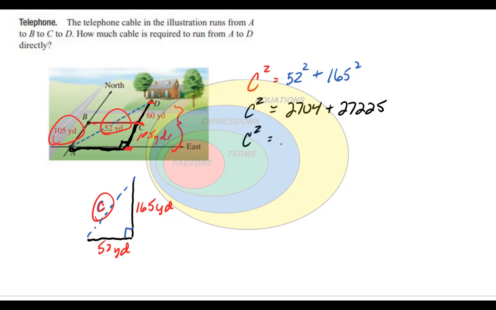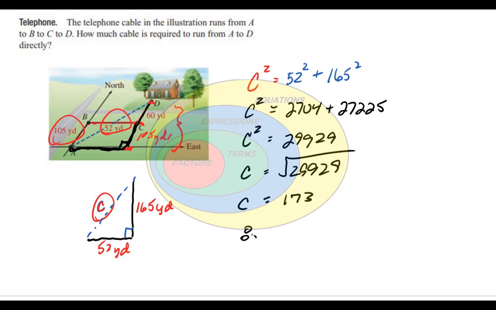Adding those together, we get 29,929. So C should equal the square root of 29,929, and this square root comes out to be exactly 173. So therefore, we need 173 yards of cable.